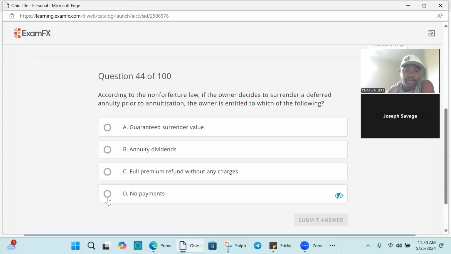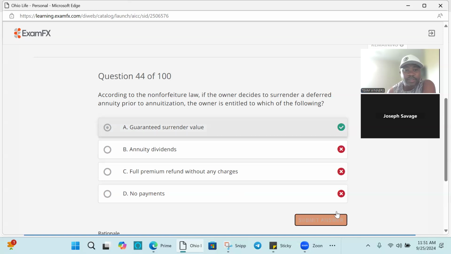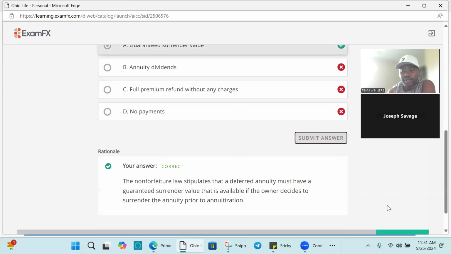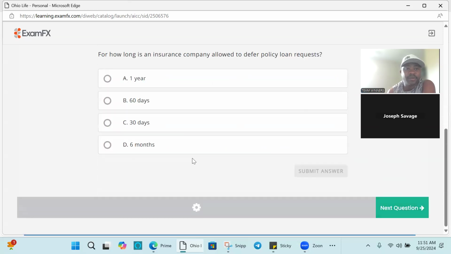Guaranteed surrender value, annuity dividends, full premium refund without any charges, non-payment. But he surrendered a deferred annuity, so the owner is entitled to the guaranteed surrender value. It's a contract and it is guaranteed.